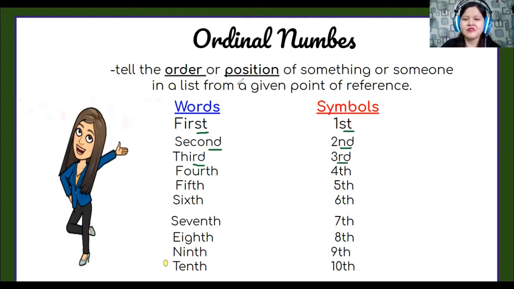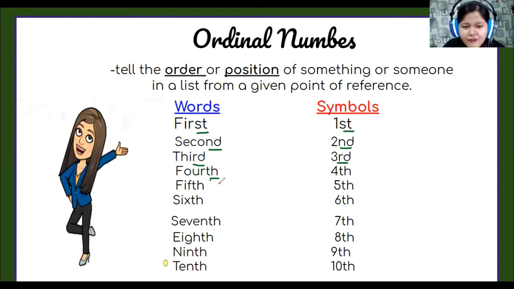So, meaning to say, in ordinal symbols, the last two letters of the ordinal word are added to the numeral. For example, first, so it is the number 1, and then the last two letters, ST. Second, that's number 2, and the last two letters of second are ND.